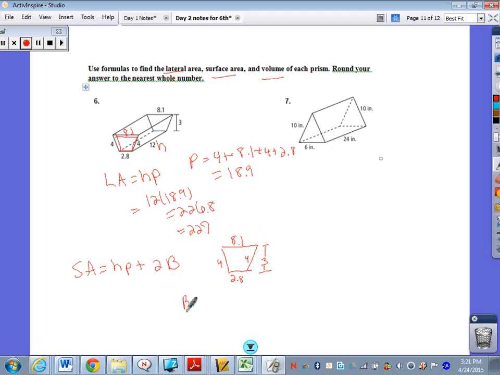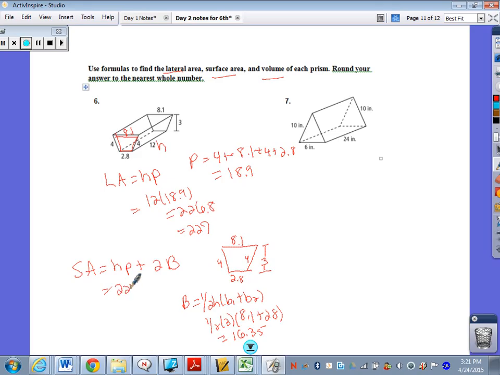So when I do big B, if you find the trapezoid, it's 1/2 h times B1 plus B2. The height is 3, because that's the straight up and down, the distance between the two bases. And then the bases are the parallel sides, so 8.1 and 2.8. If you multiply that together, you get 16.35. And now I'm just going to plug it in.